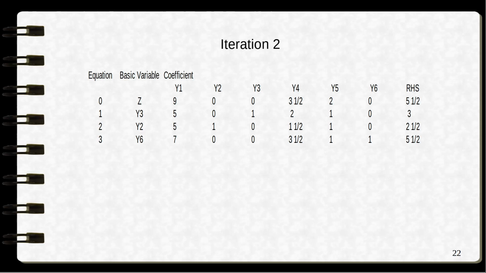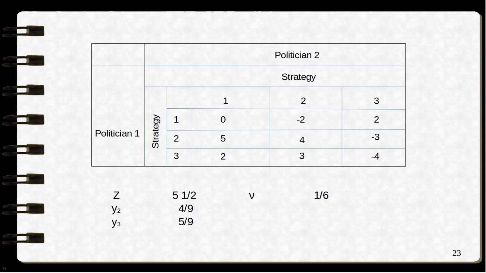We have the value of 1 over nu, which is nothing but 1.5, so we have z equal to 1.5. So this is nothing but 1 over nu. So nu, that is the optimal payoff, is going to be 1 over 6th.